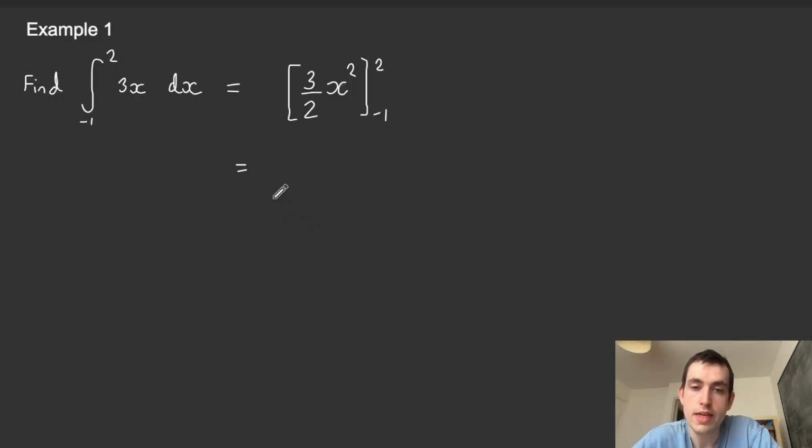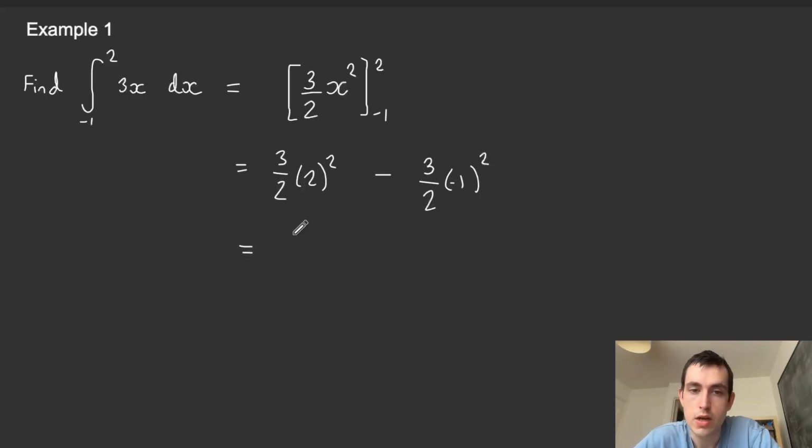In order to find the value of this integral, what we do is we sub in the limits. We first start with subbing in the top limit, and then we subtract whatever we get when we sub in the bottom limit, like this. So 3/2 lots of 2 squared, subtract 3/2 lots of -1 squared, top limit, take away bottom.